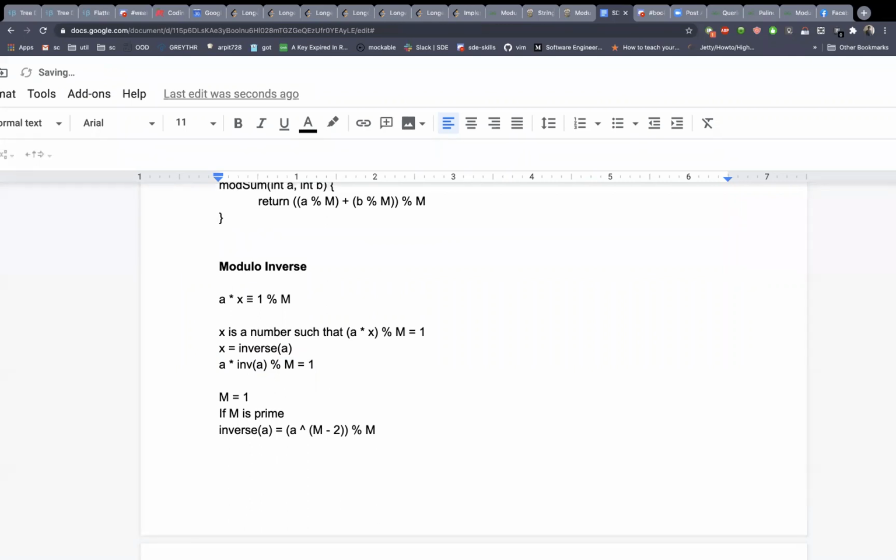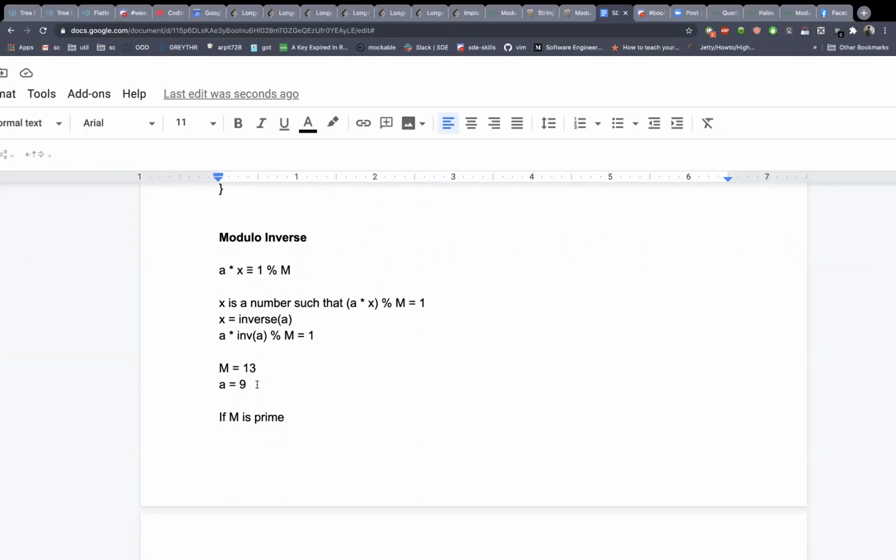Say m is equal to 13, and a is equal to, let's take, 9. Now, 13 modulo 9 is 9 basically.